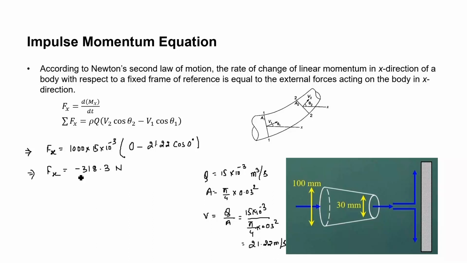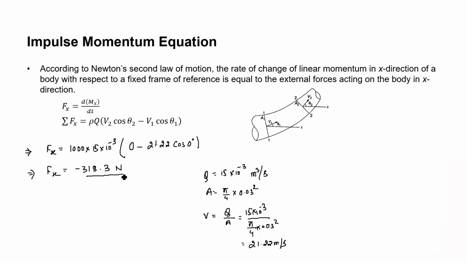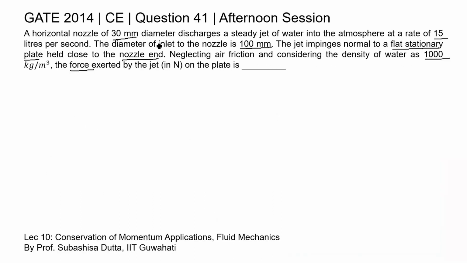So, we got the force on the plate as 318.3 Newton, and this negative sign indicates that the force on the plate is opposite to the direction of flow. So, we can write here the force exerted by the jet on the plate is 318.3 Newton. So, 318.3 is the correct answer for this question.